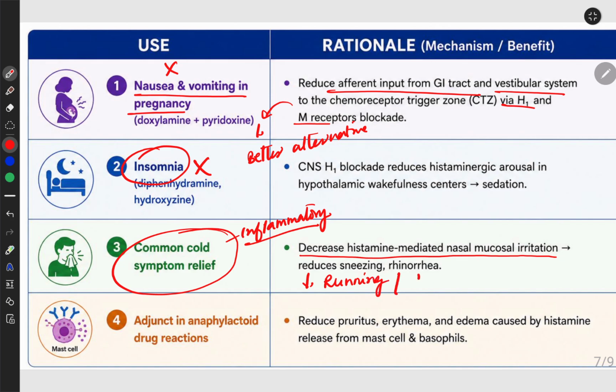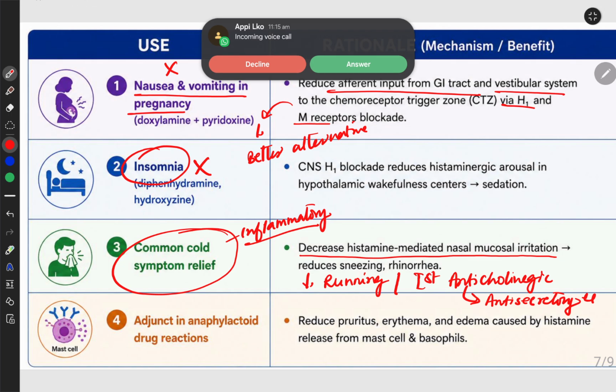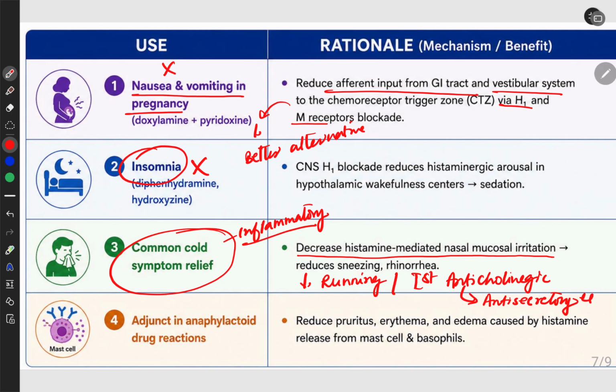The first generation antihistaminics carry the side effects which are known as anticholinergic side effects, and because of this they produce a useful effect, that is anti-secretory effect. And lastly, they are used in the treatment of allergic reactions, as we have seen, by reducing pruritus, erythema, and edema caused by histamine release from the mast cells.